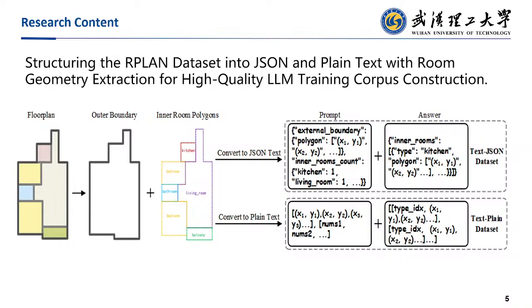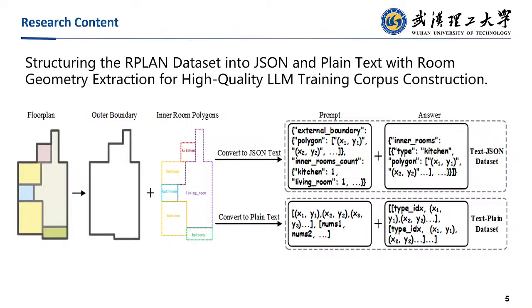It's just a raw TXT file, with all these polygons, the inner polygons as well as the exterior polygon, and we put this as the prompt. So in the prompt we say this is the exterior polygon, and we want 1 kitchen, 1 living room and 2 bedrooms, and this is the answer. For each room, we give the polygon.